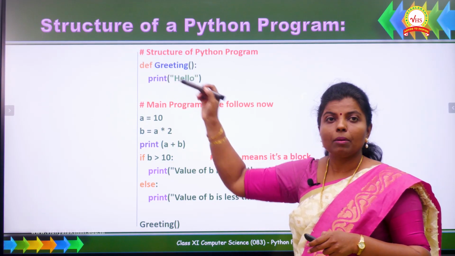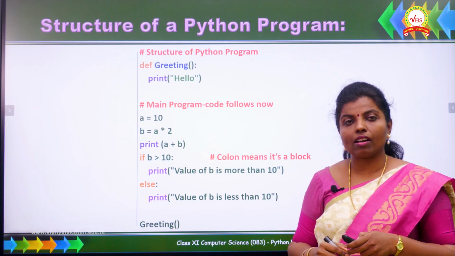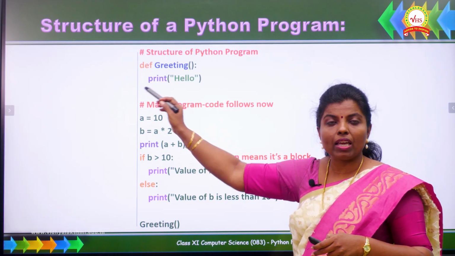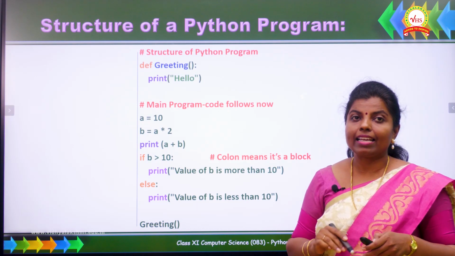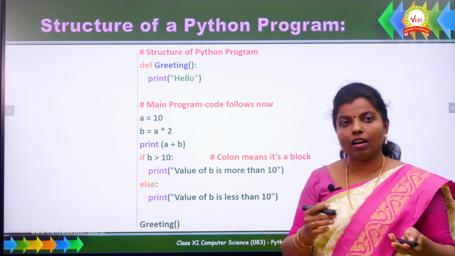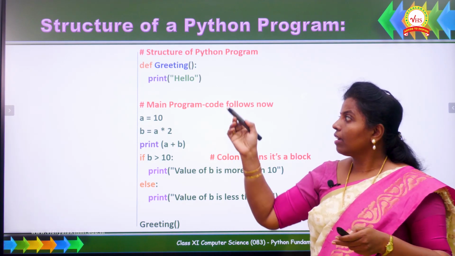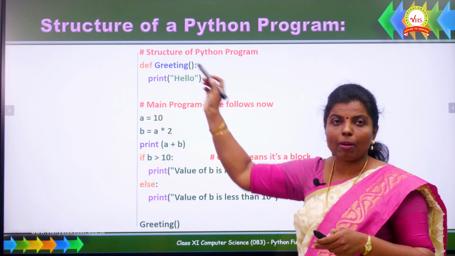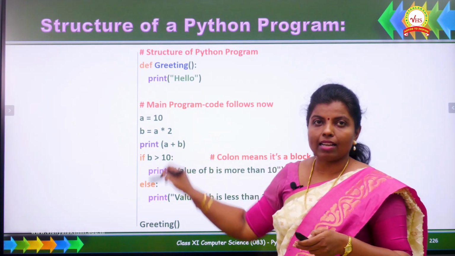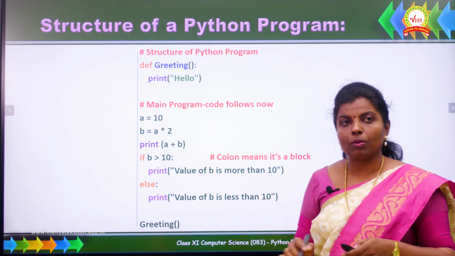If the statement begins from the margin, it is referred to as a top level statement. The statement which has a space in the beginning is referred to as an indented statement. For that understanding only this line has been given. There is no other purpose in this.